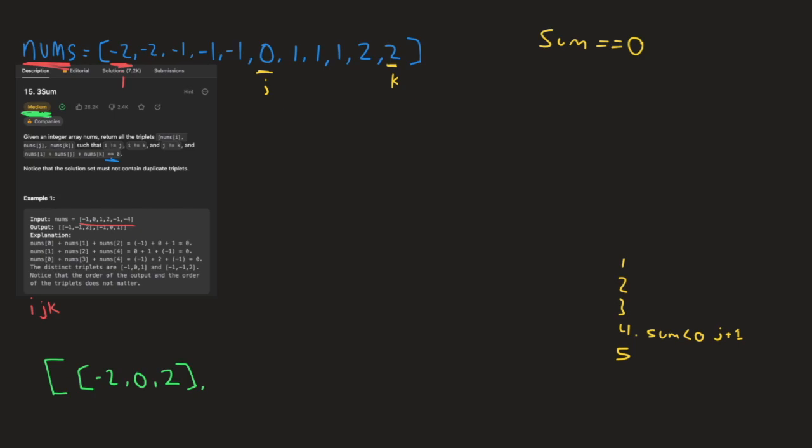And then we want to do something with j. We want to move j to the farthest possible index that has the same element. This isn't the best example because there's only one 0, but imagine that there were 3 or 4 of them.